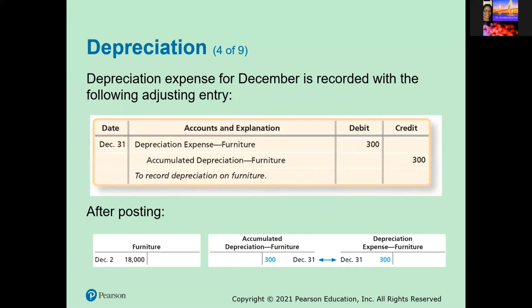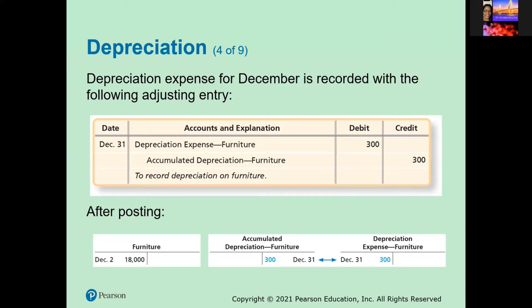Notice in the above adjusting entry for depreciation, we credited accumulated depreciation furniture for $300 and not the asset account furniture. Why did we do that? Well, first of all, we need to keep the original cost of the furniture separate from the accumulated depreciation because of the cost principle.